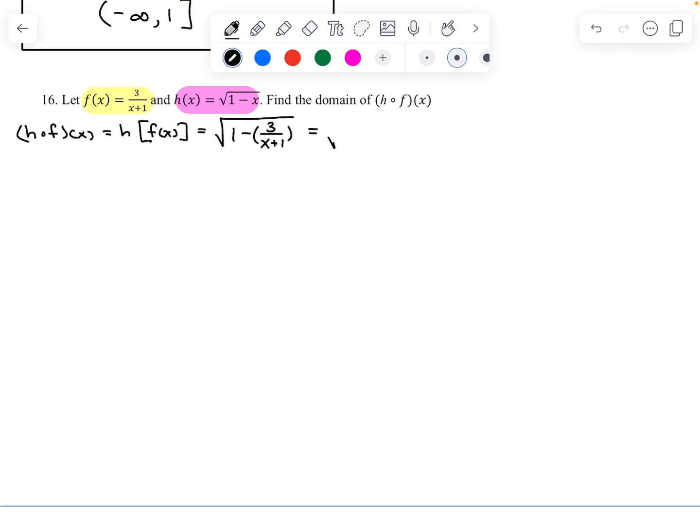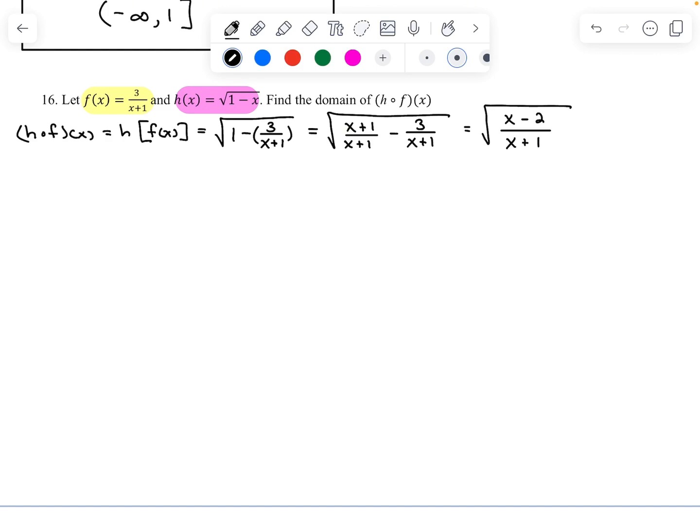So this is going to equal the square root of x plus 1 divided by x plus 1 minus 3 divided by x plus 1. And now that we have common denominators, we can subtract. So this is equal to the square root of x minus 2 divided by x plus 1.